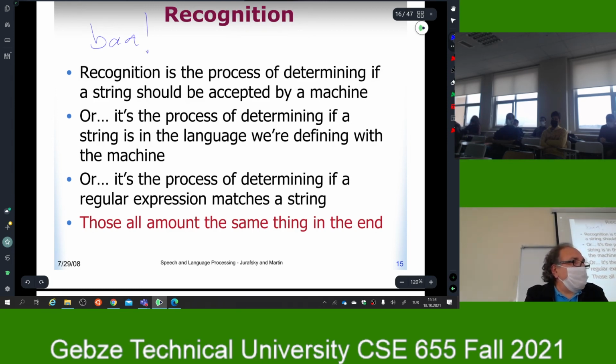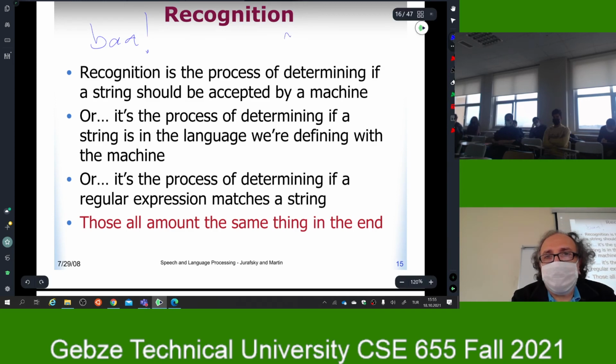I can run my finite state automata and say yes or no. This is good, but usually this is not enough, because other than recognizing, sometimes I need to know how I recognize this and the structure of the word itself.